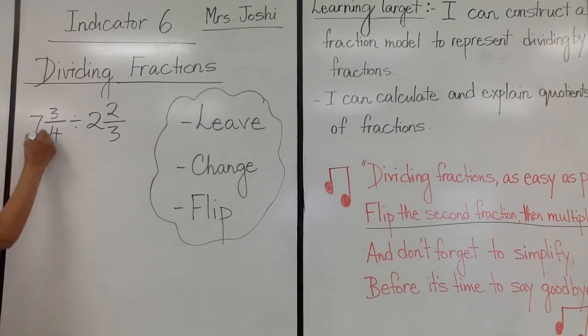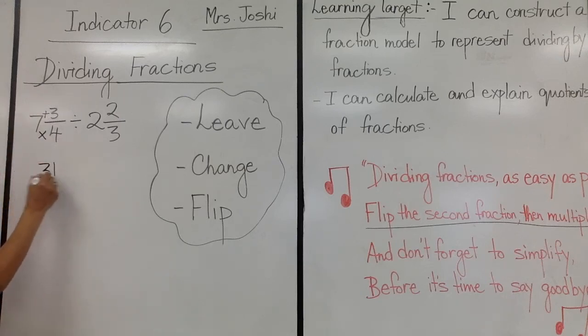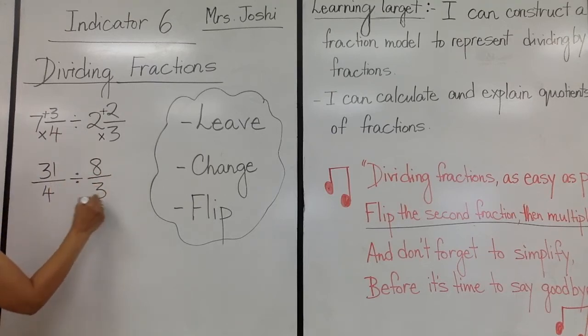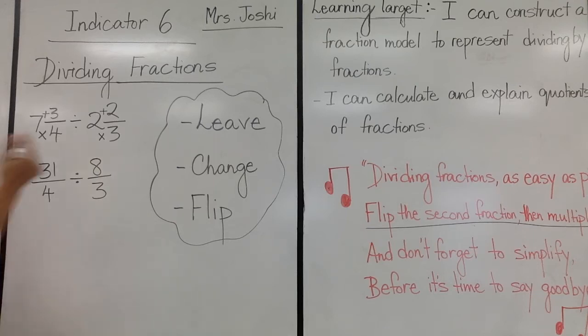So 4 times 7 is 28, plus 3 gives me 31/4. Leave the division right now. 2 times 3 is 6, plus 2 gives me 8/3. Okay, and so now that I have this, next we do the leave, change, flip.